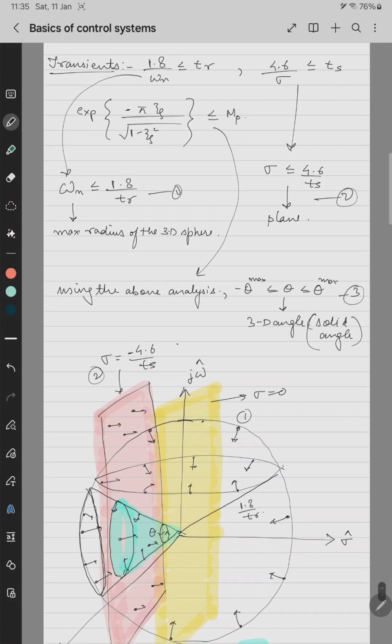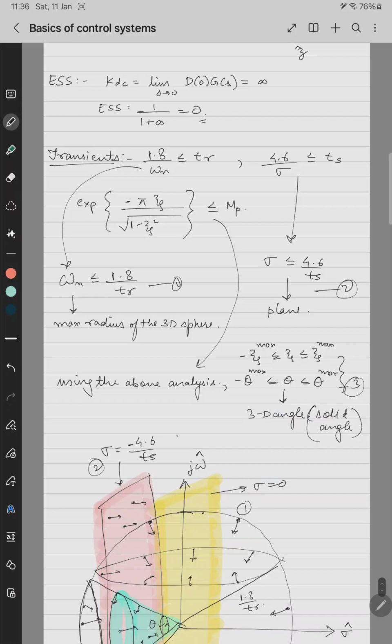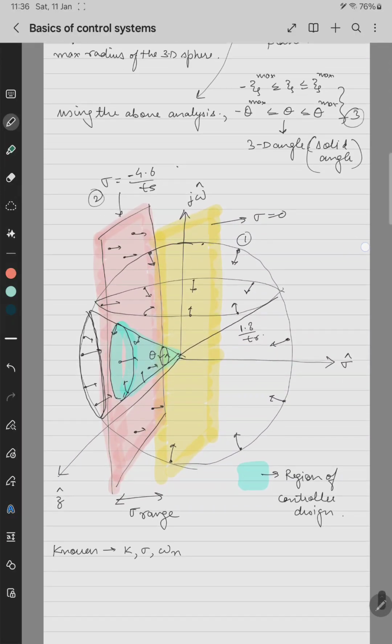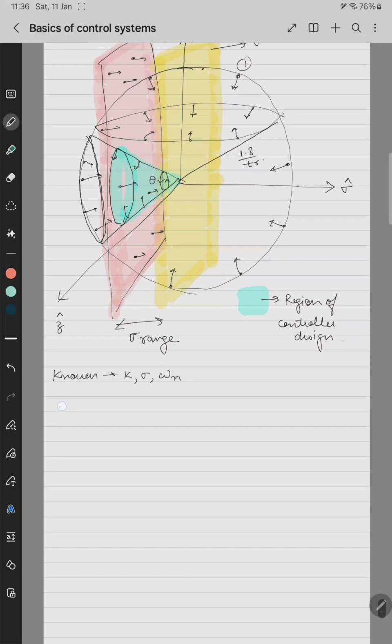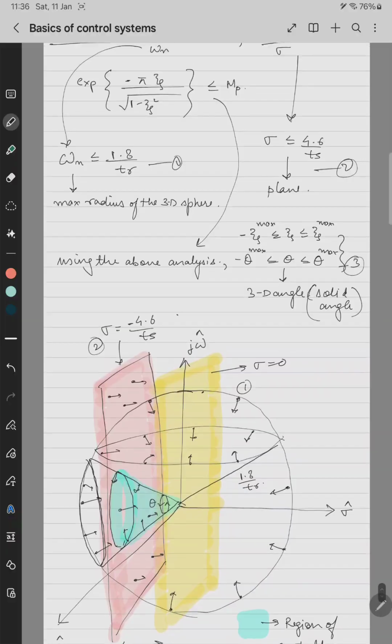Then using this identity we can find theta. Both we can write as minus zeta max less than or equal to zeta less than or equal to zeta max. The zeta expression will be the same for both cases because it doesn't change. So equation 3 we can modify and write as this.